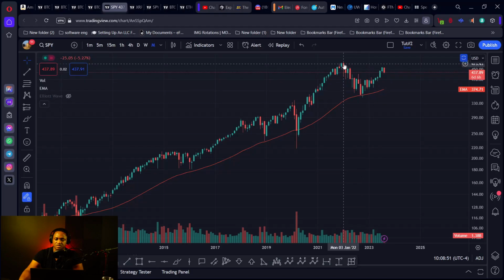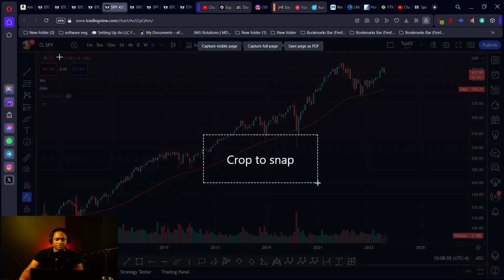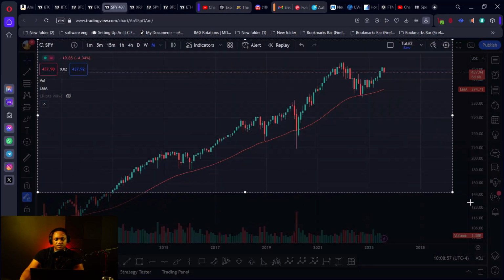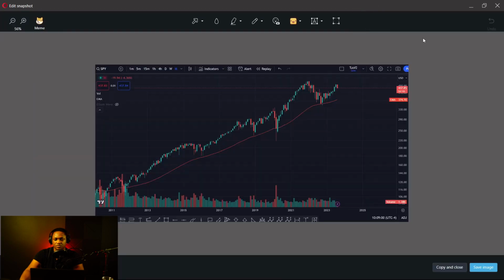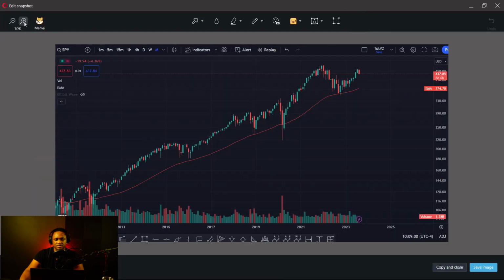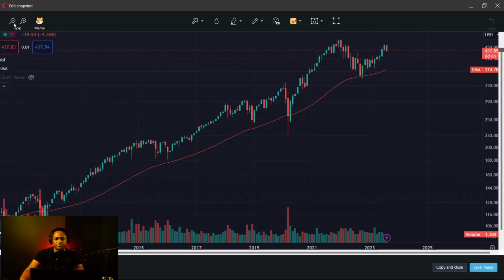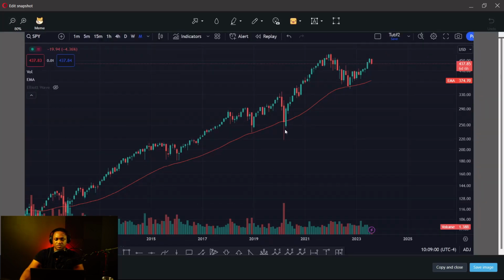The major swings, the first one is right there. Let's go ahead and grab this first chart, and we're gonna open it and get a clear view. So we have some major swings.